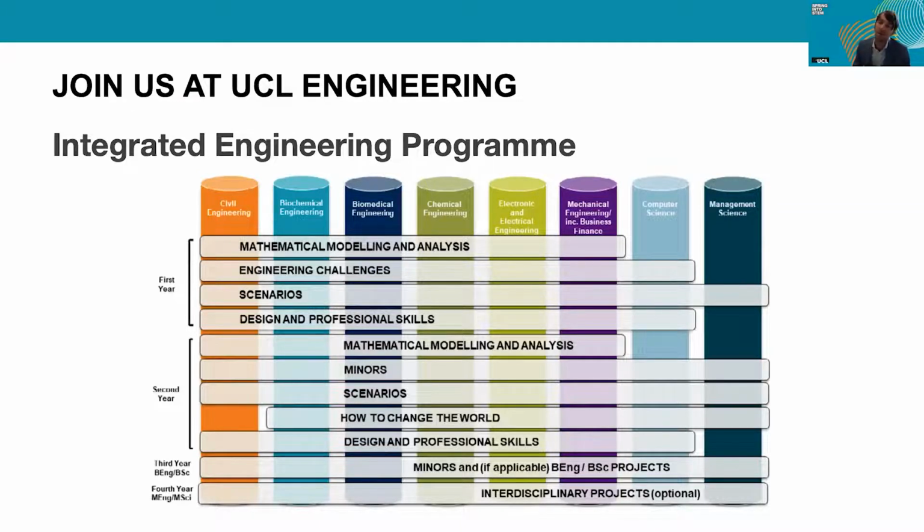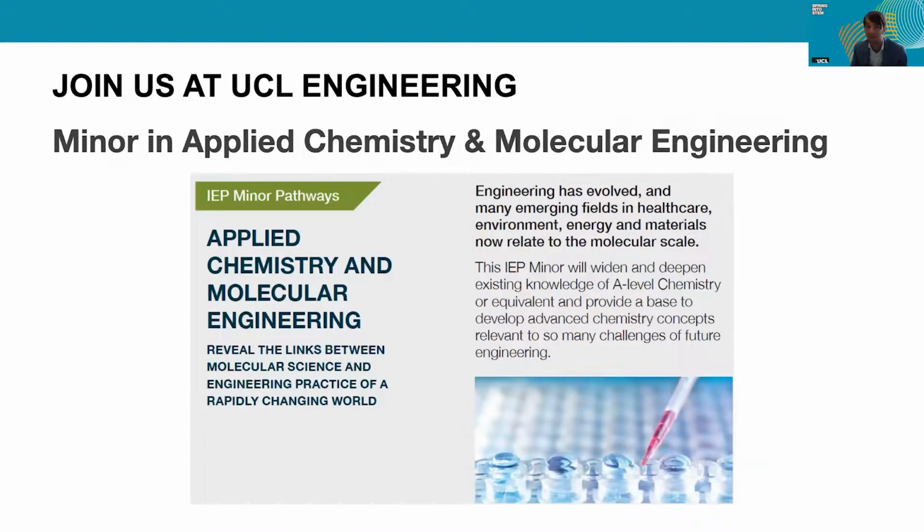And also, we are providing you with additional soft skills and scenario-based, experiential learning, to make sure that you will become a new generation of engineers that can solve the problems of the future. And one example is also the integration of a minor.